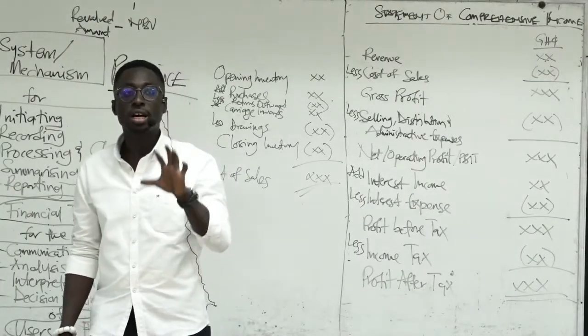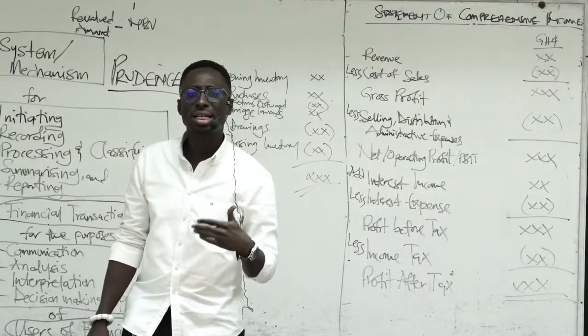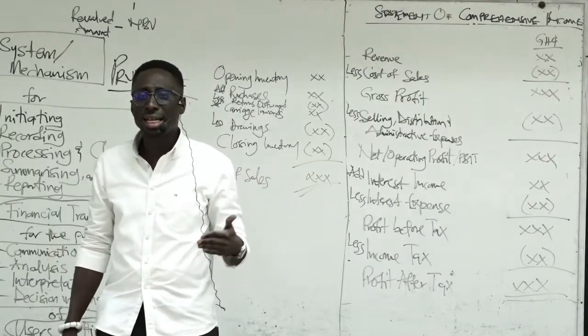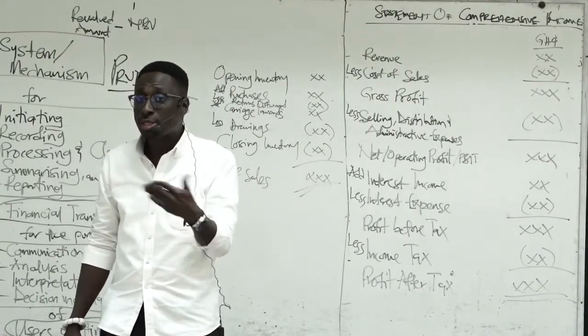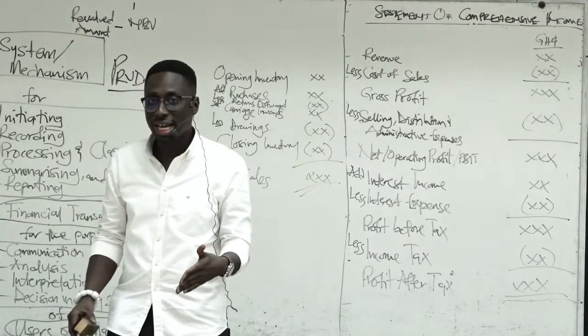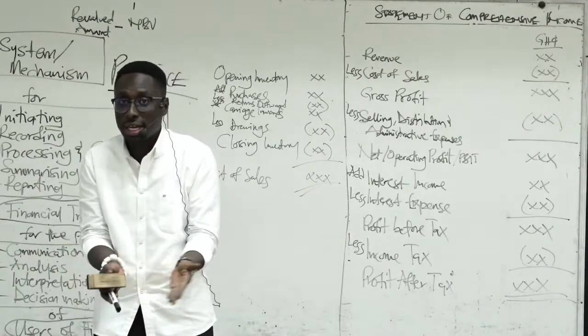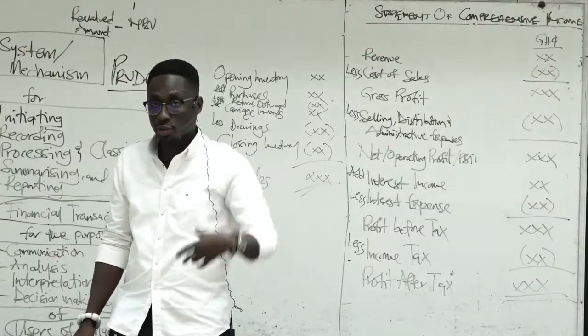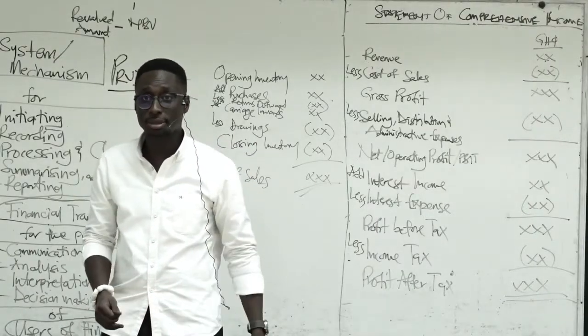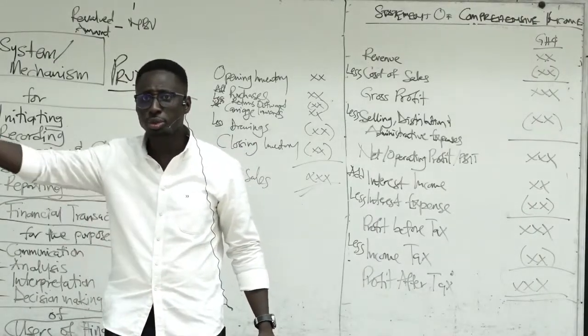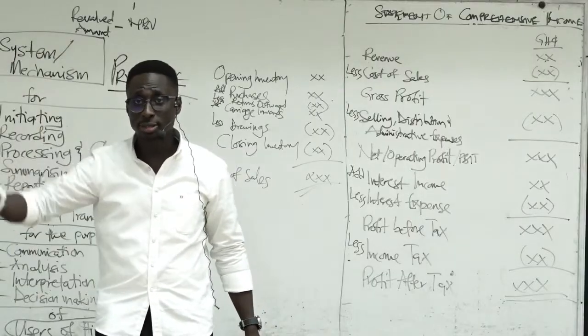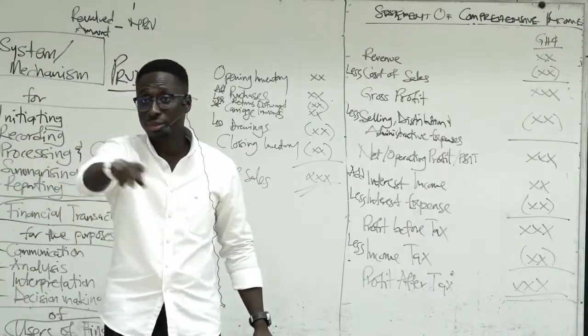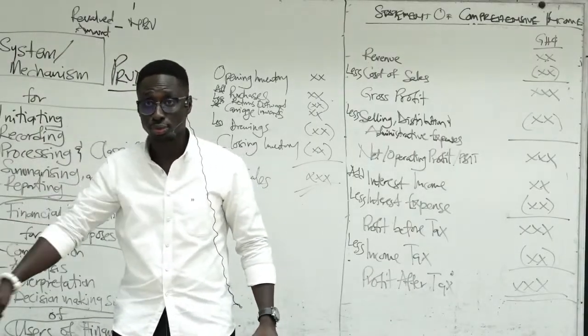Good. So now that you have your gross profit, consider all the other operating expenses which are not directly associated with you making a sale. So you would consider something like distribution expenses, marketing expenses, salaries, wages that you pay to people, all right?